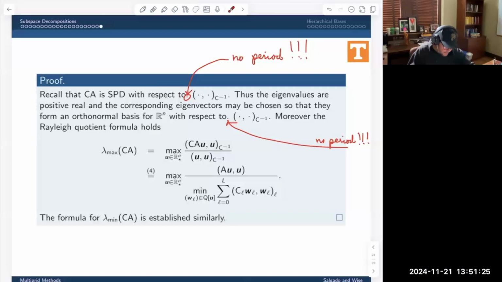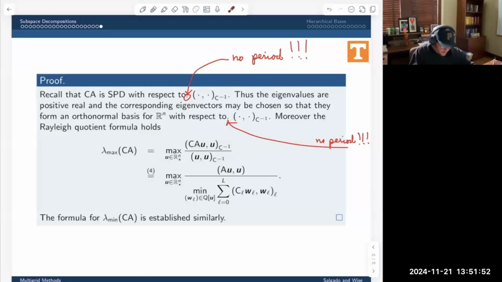Okay, so moreover, the Rayleigh quotient formula holds. The Rayleigh quotient formula is going to tell us right away that the maximum eigenvalue is equal to this over that, where I take the maximum over u in Rn star. Why does the Rayleigh quotient formula tell us this? Well, this is just the Rayleigh quotient.